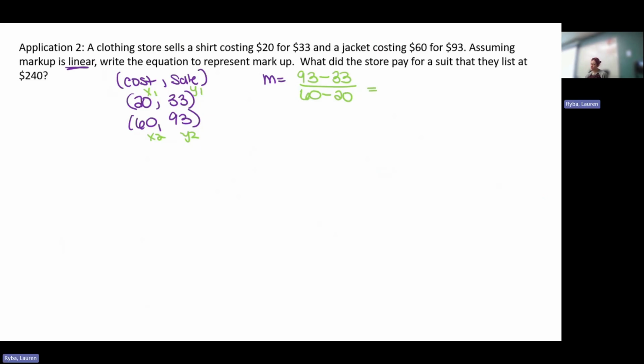So that is a difference of 60 on top, a difference of 40 on bottom. Drop the 0, 6 over 4, they're both still even. So divide them both by 2, 3/2.